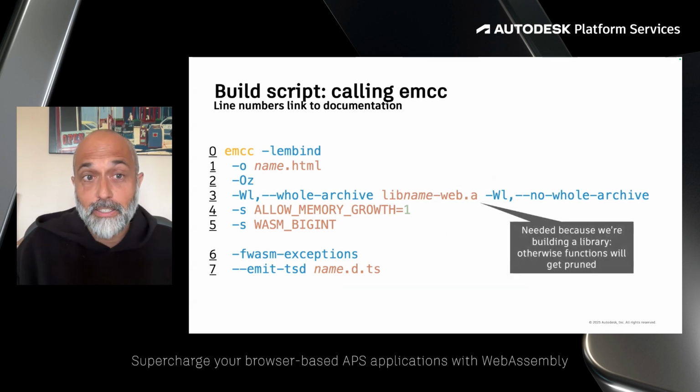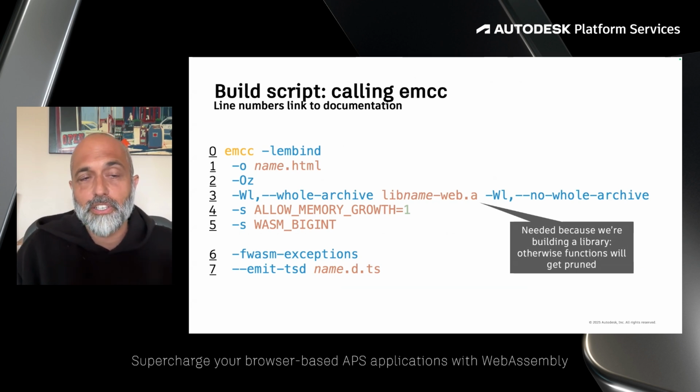The next line is saying that we want to disable something called tree pruning for this particular module. Because we're creating a library with a number of functions that are exposed and objects, etc., we don't want Emscripten to prune away unused functions, because not everything is going to be used by the library itself.